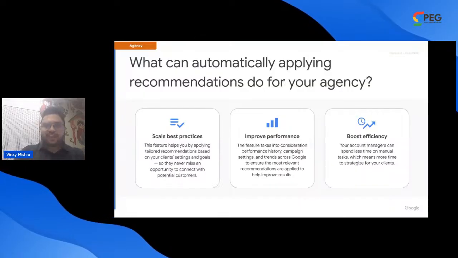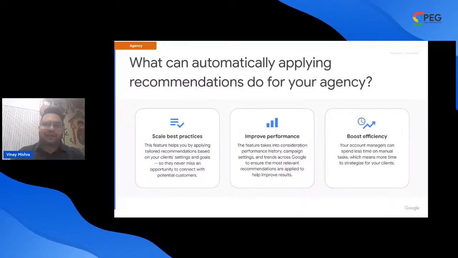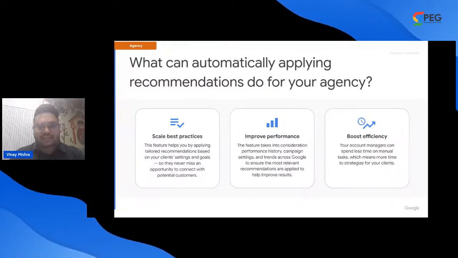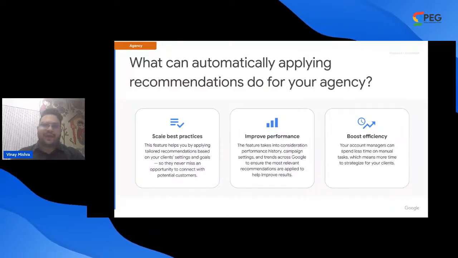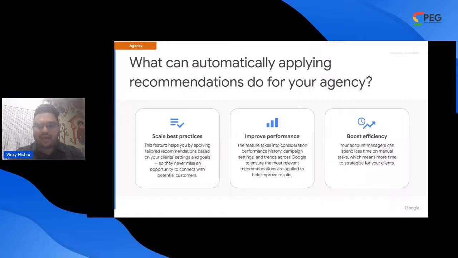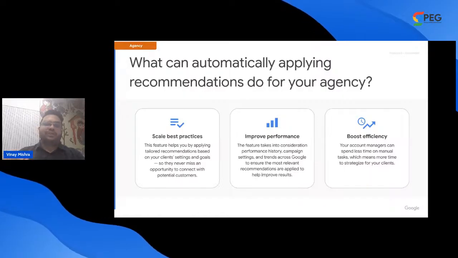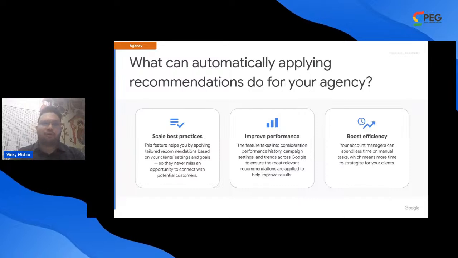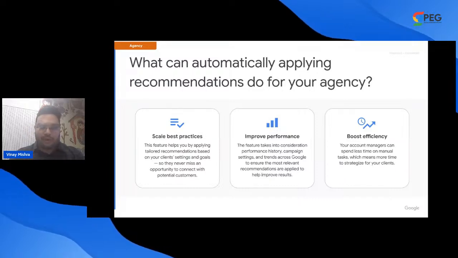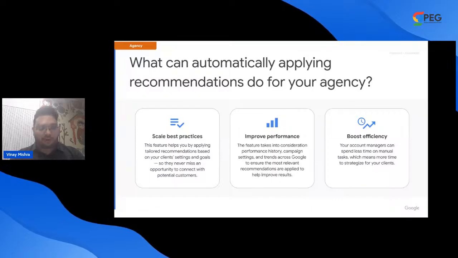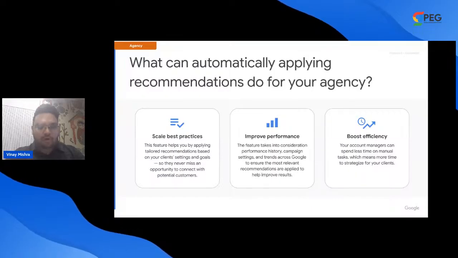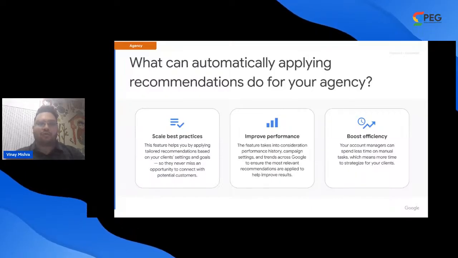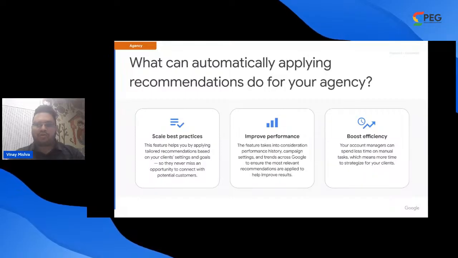And as I've mentioned earlier, it also assists you as account managers to spend less time on the manual tasks, which gives you more time to strategize and engage with the clients, to understand how to create more reports and where exactly you can expand your reach.